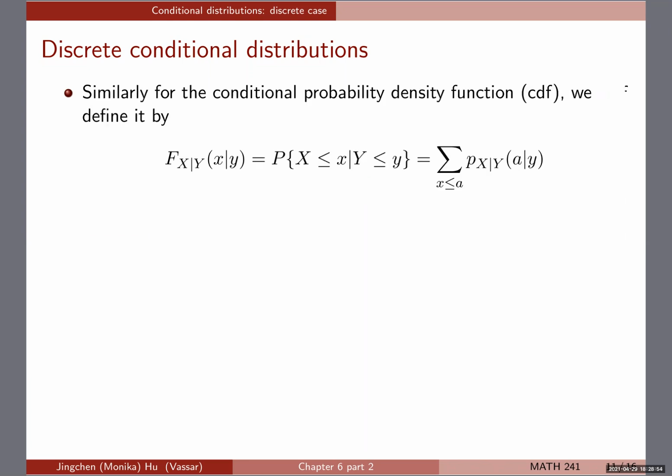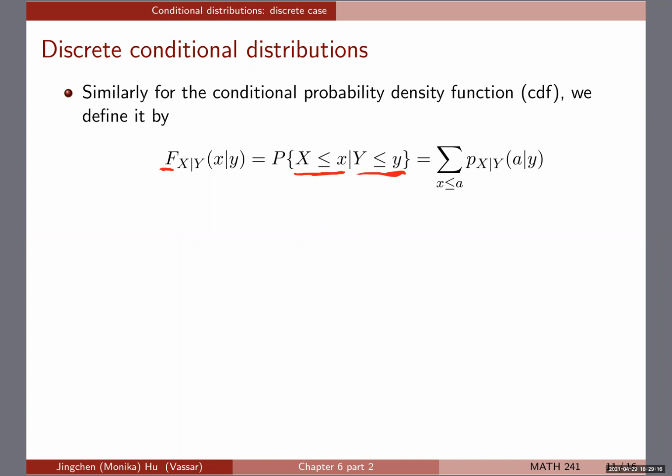And then, of course, we can have the conditional CDF. The conditional CDF goes in this way, and we use capital F. Mathematically, this means we're trying to get the probability of X being smaller or equal to small x, given that Y is smaller or equal to small y.